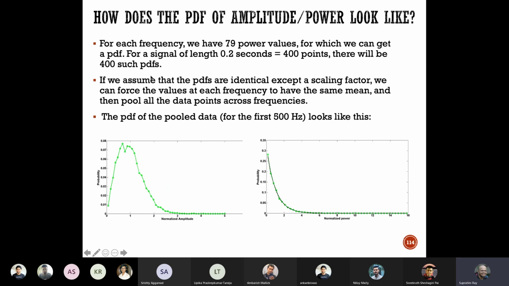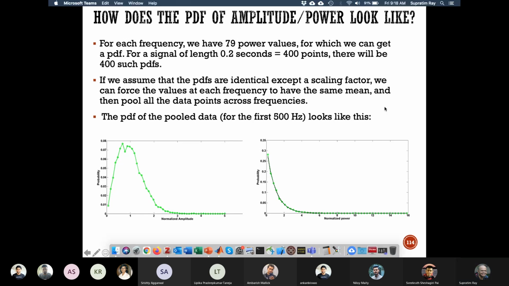I can then estimate a global histogram of all these data points. And this is what this histogram looks like. It has a Gaussian type of shape for the amplitude spectrum, and it has an exponential shape for the power spectrum. Do you guys understand what this is? Or should I explain this again?